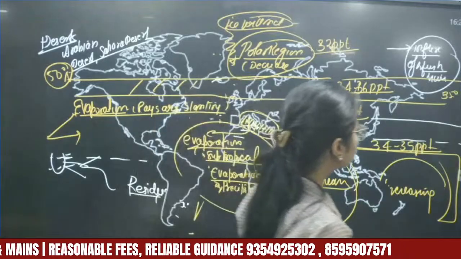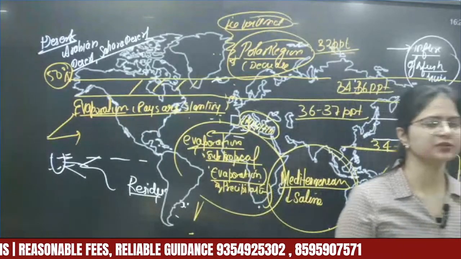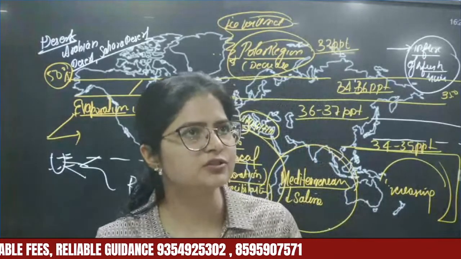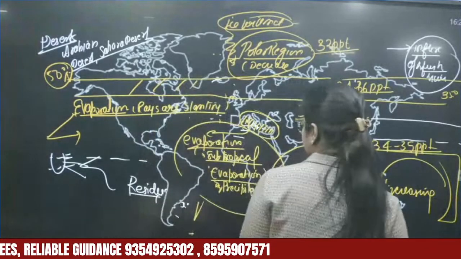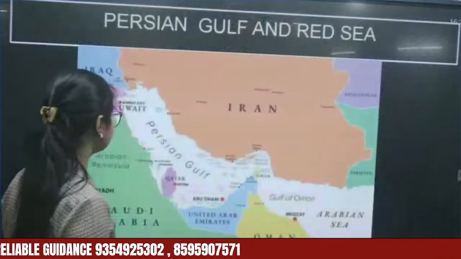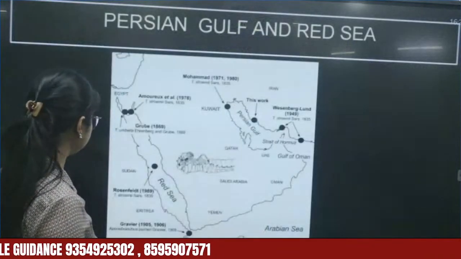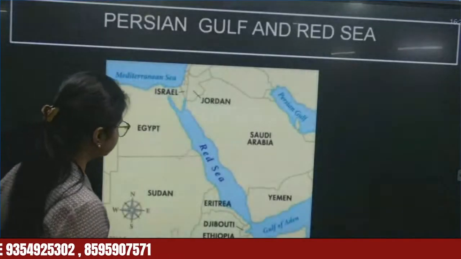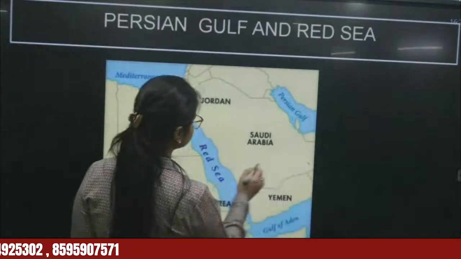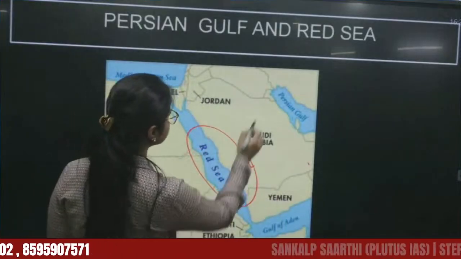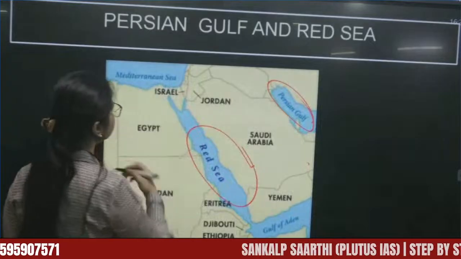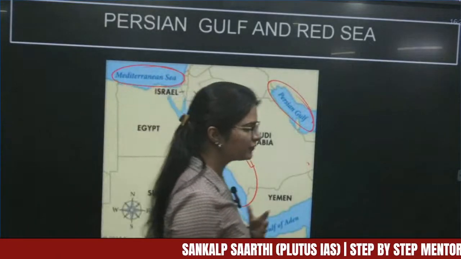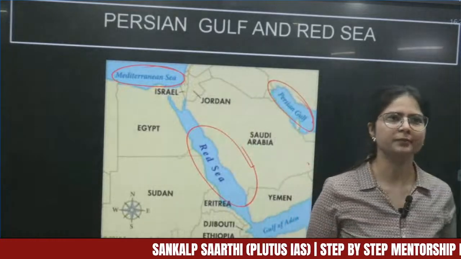Now we have to come towards the regional variations in the salinity. When I talk about the regional variations in the salinity, I might take different regions, water bodies of the areas, right? For example, I might take the Red Sea, Persian Gulf, then Mediterranean Sea, and before that I have to take the Atlantic Ocean and Pacific Ocean.